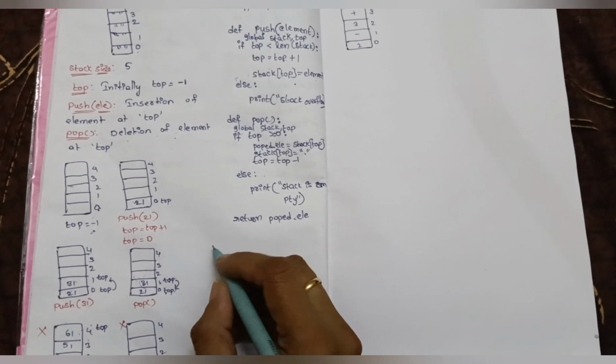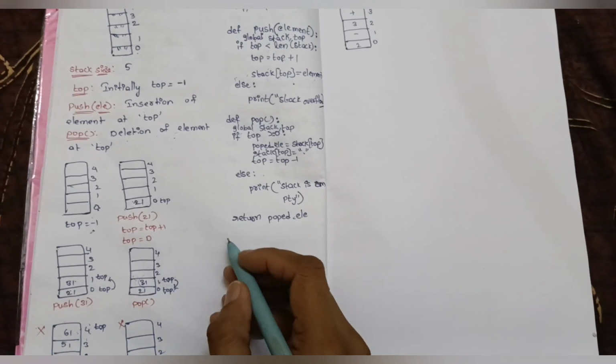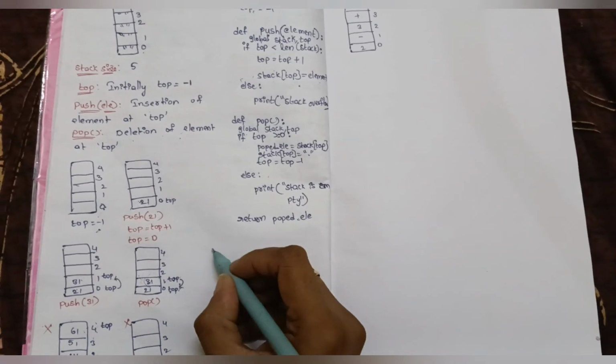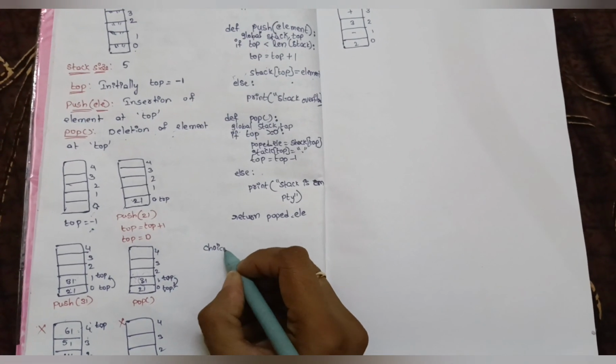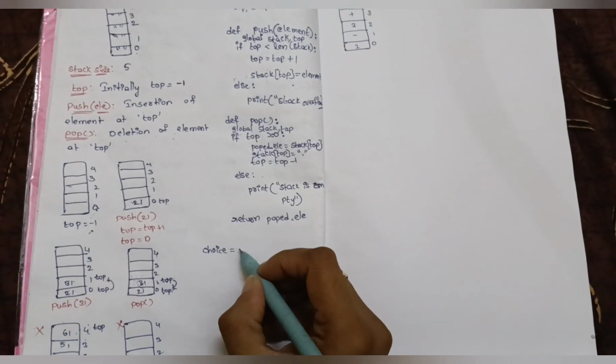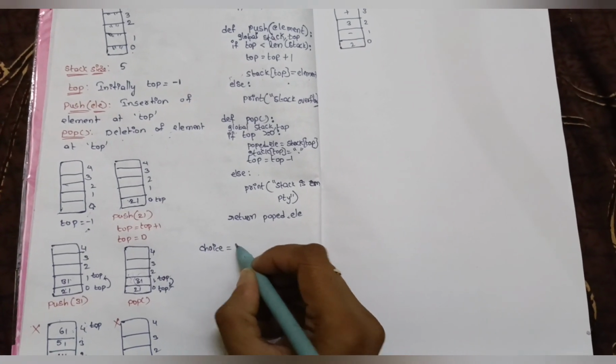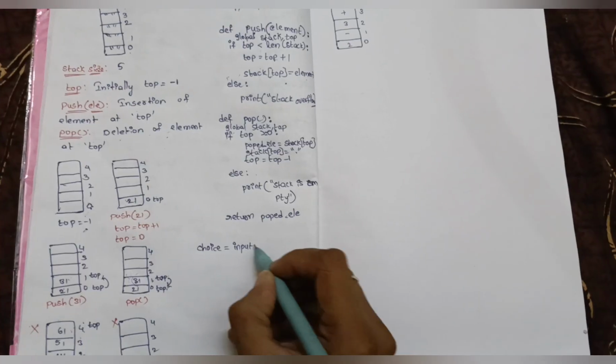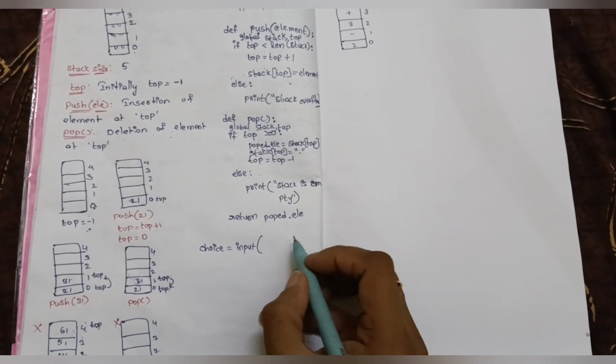Before that, I would like to take the choice of the user. Choice is equal to, and if you want to take any data from the user, you just need to use the input function.